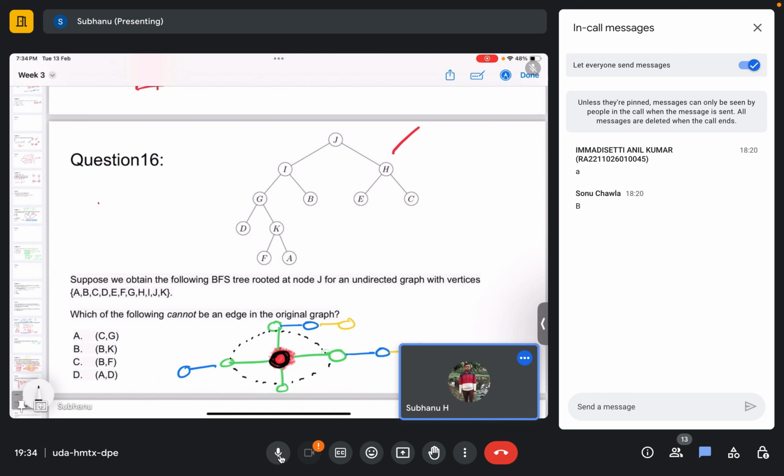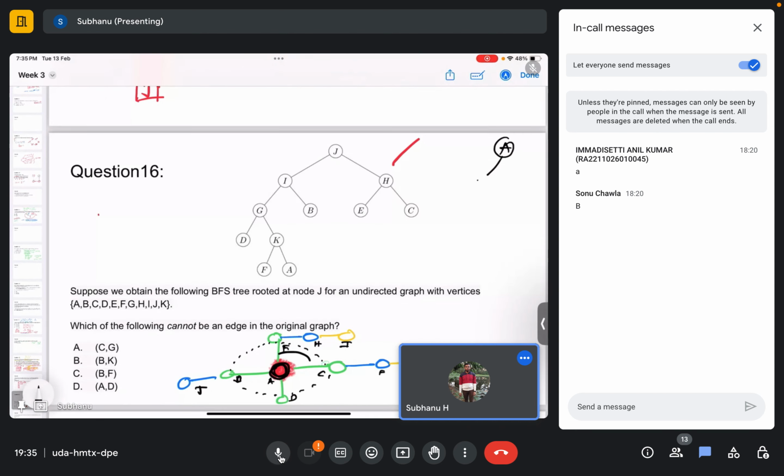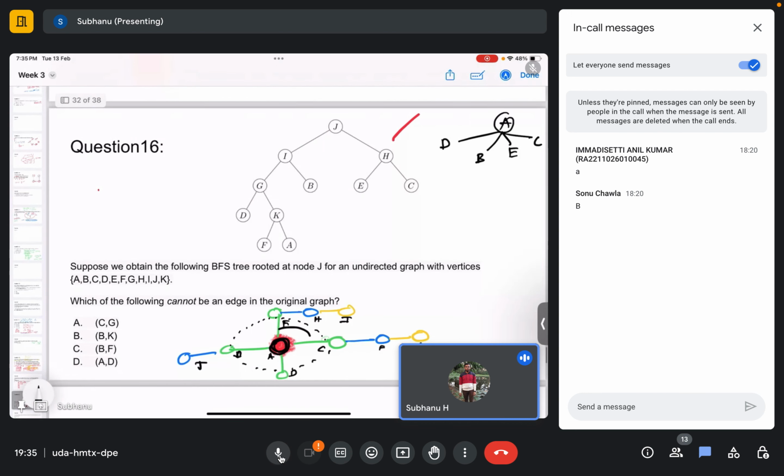If you name the nodes A, B, C, D, E, F, G, H, I, J, then if you start from node A, you will get B, D, E and C. B, D, E and C, right?